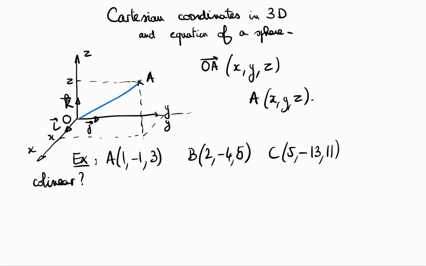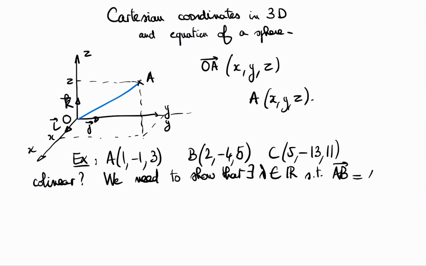So what do we want to show? We need to show that there exists lambda belonging to R such that AB is equal to lambda AC.